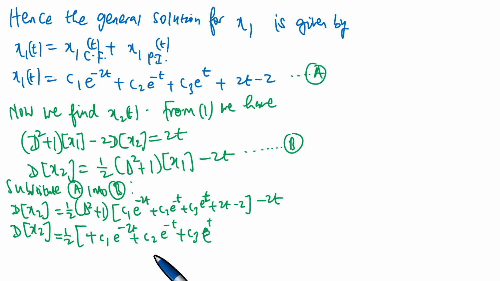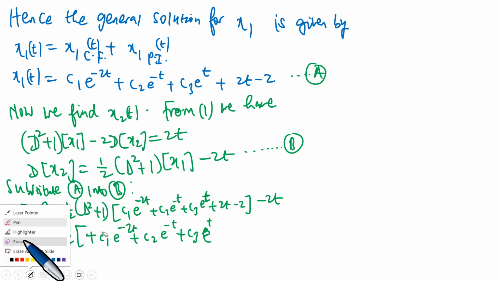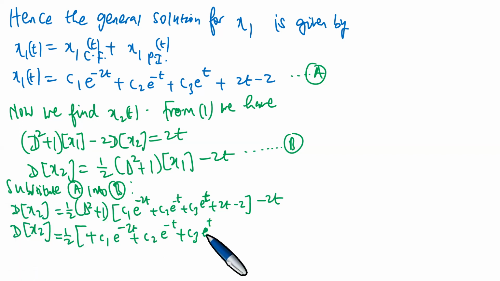And then now, obviously, we look at this other one here. So this is only e, then this one here is going to be 0, because we're differentiating twice. First time is going to be 2, and then the next time is going to be 0. So d squared has already done its job.